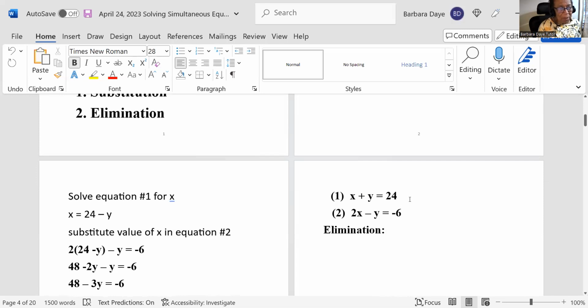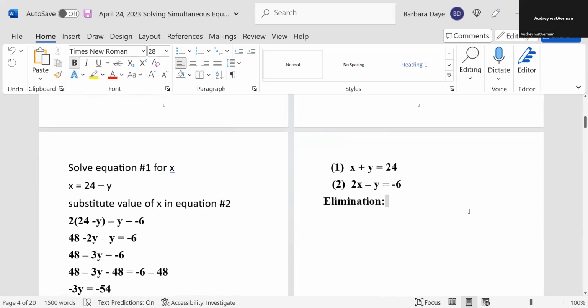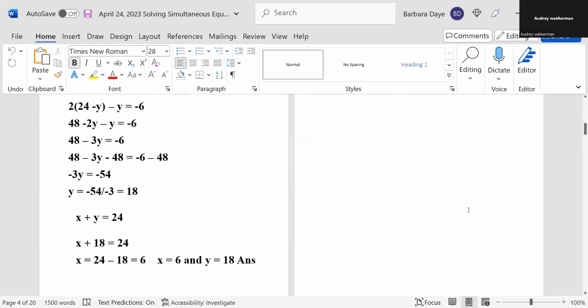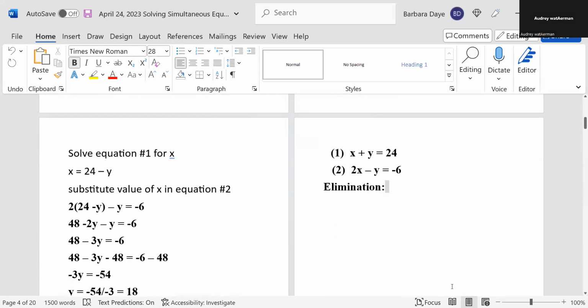Sometimes you may have to multiply and then add and divide. But looking at these two equations, what is the easiest way to do an elimination here? x plus y is 24. 2x minus y is minus 6.